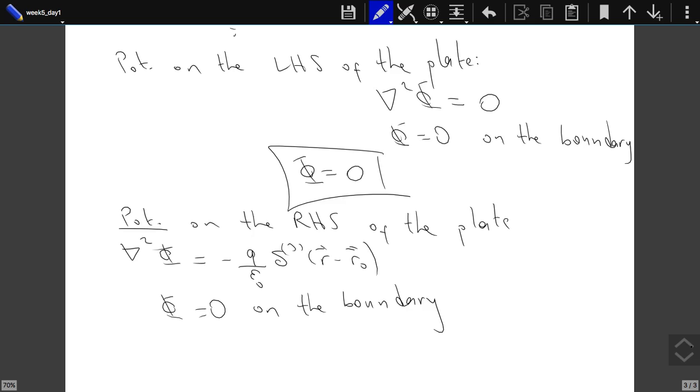In fact, except at the point R equal to R0, it does satisfy the Laplace equation. But at the point R equal to R0, we will see that the potential is infinite. So it has an infinite value at R0, and then it goes to 0. If you just plot it, it looks like a tent, just a peak, and then it goes to 0.